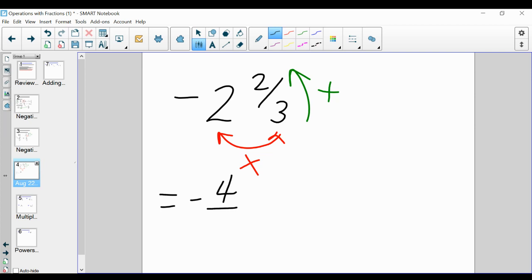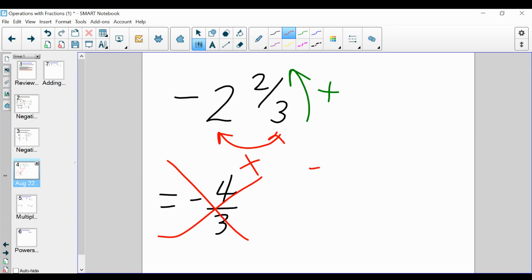Shouldn't this be -4/3? The answer is no, it should not be, because -2 2/3 has to have the same value as positive 2 2/3. They're just opposites on the number line. So be really, really careful with this when you have a negative mixed fraction.